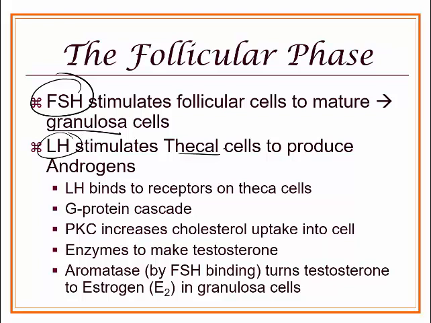Now, when luteinizing hormone binds to the thecal cells, luteinizing hormone is a protein hormone, so it will bind to extracellular receptors, and it will activate a G protein pathway, which results in protein kinase enzymes that result in phosphorylation. In this case, it's the phosphorylation of transporters that uptake cholesterol into the cell. And the job of thecal cells is to produce androgen, specifically testosterone.